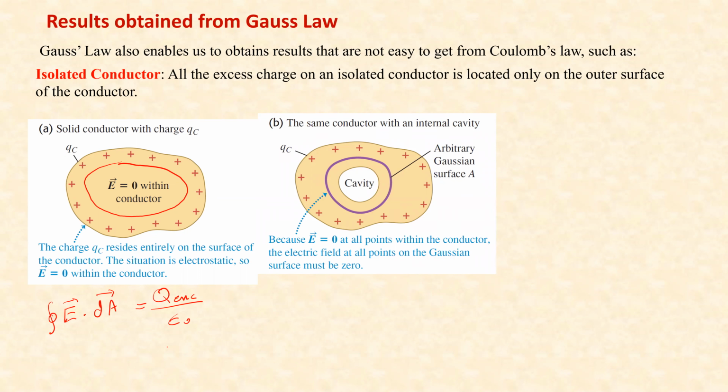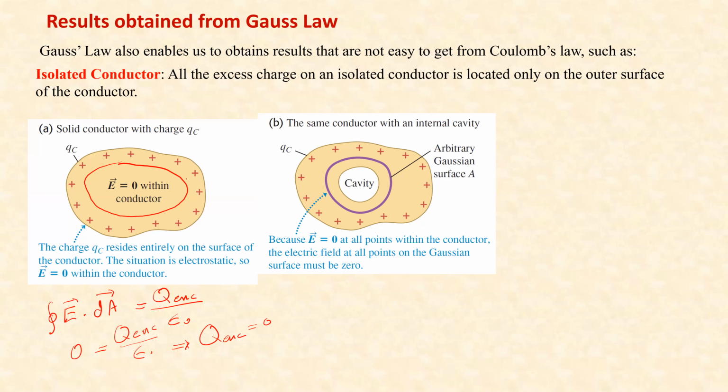But the electric field is 0 inside, so all of this E dot dA becomes 0. So 0 equals Q enclosed over epsilon naught. Therefore, Q enclosed is equal to 0. Means that there's no charge inside this Gaussian surface.